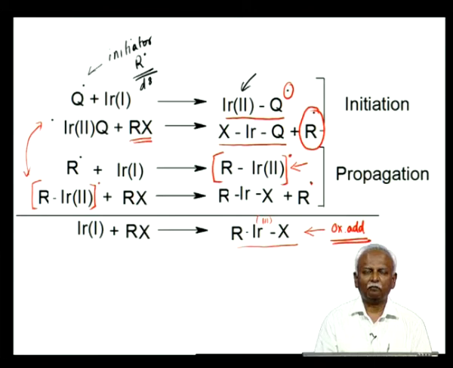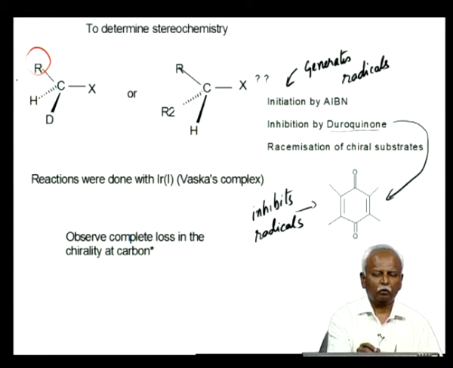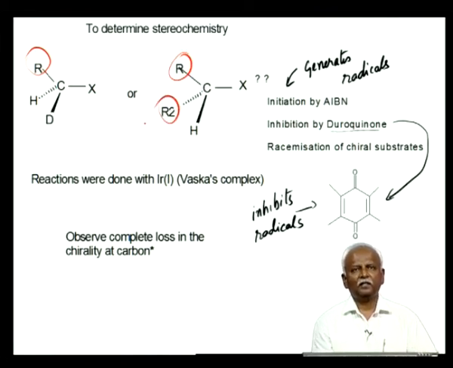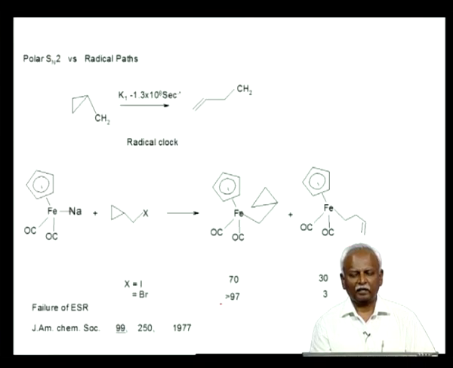But the moment you have any other alkyl group on the carbon undergoing substitution, in other words, if you have R or 2 R groups, then the chances are that you will end up with the radical reaction and not the clean SN2 type of reactivity. So, nevertheless, although we have this complication, it has helped us to understand how one can carry out nucleophilic substitution or an oxidative addition on a metal atom.